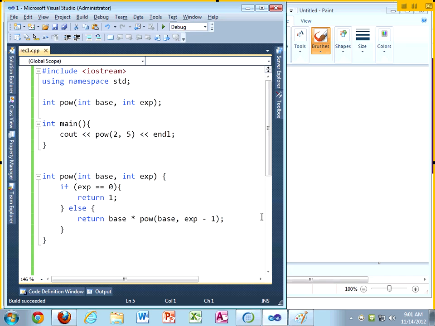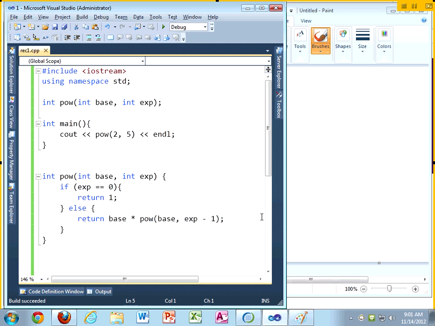There's a couple reasons for this. One is that sometimes seeing this will give you more of an intuitive feel for how the recursion is actually working. Take a little bit of the mystery out of it. The other reason is that, hopefully this will be very rare, but sometimes you may have a situation where you just can't figure it out and you need to step through it step by step and see what's going on.